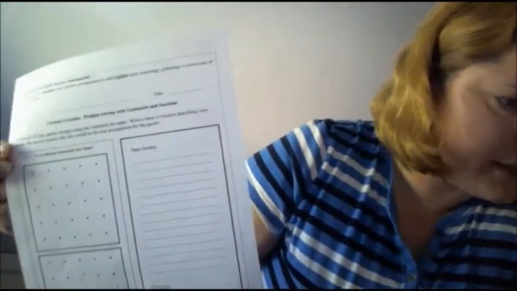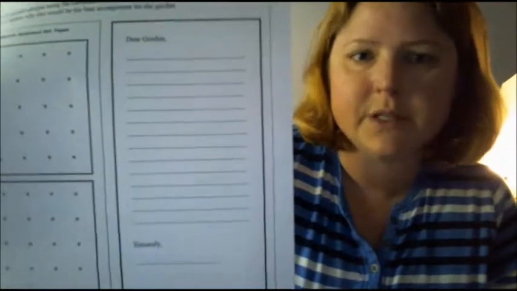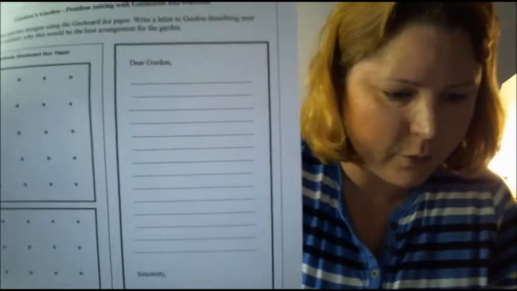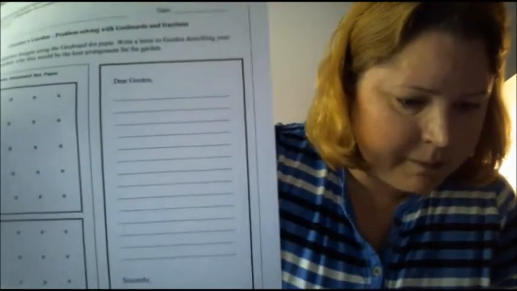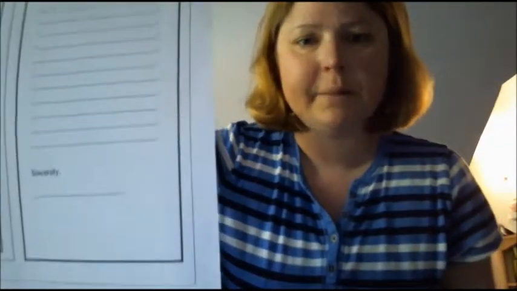They would write in complete sentences and think about what they would say to Gordon, and write a letter to Gordon describing the garden that the students suggest. Since they have 2 options, they can write both or one, either way, at least one. And the letter should explain why this would be the best arrangement for the garden.